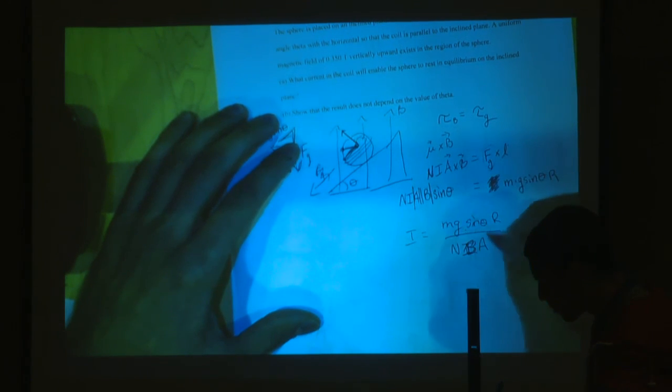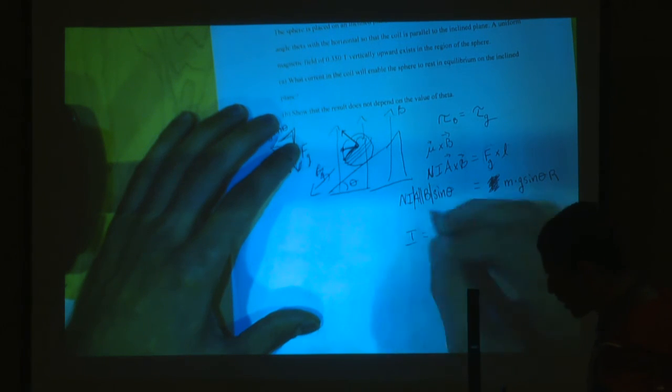And area would just be pi r squared, right? Because I don't think we're given A, but we'd have pi r squared. So this would simplify further. Oh, and I forgot the sine of theta from here. So our sines cancel. mgr over nB pi r squared. One of those r's cancel. Thus we have I is equal to mg over number of turns times magnetic field times pi times r.